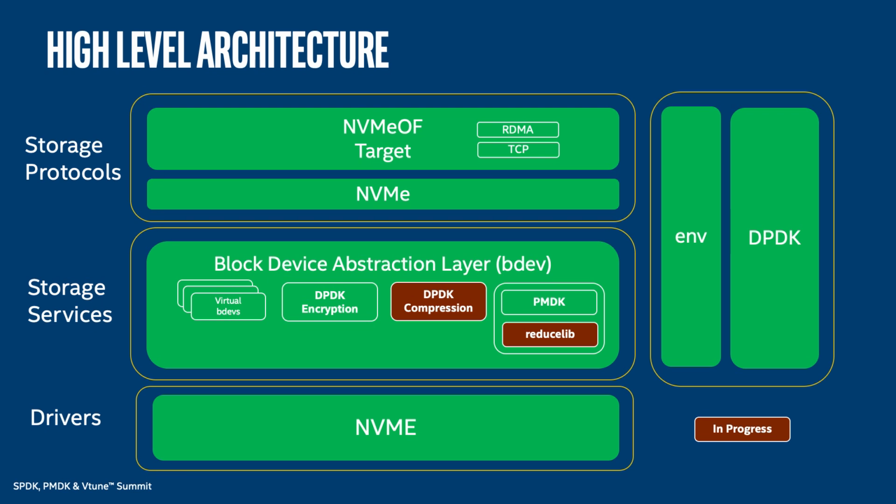And you can see in the BDEV layer, we've got any number of virtual BDEVs. We've got DPDK encryption, that's the virtual BDEV module. And then we've got DPDK compression, which is what we're currently working on, which is the virtual BDEV for compression. By the way, it does decompression too.